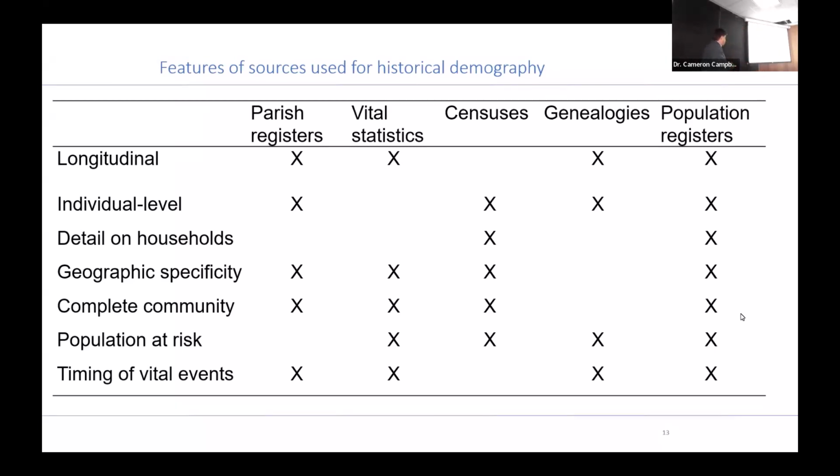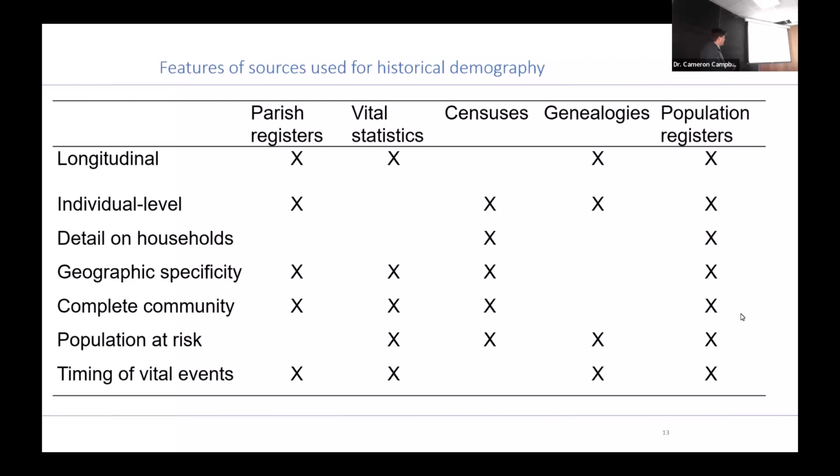We have complete, or nearly complete, target populations. We know the population at risk because the entrances and exits are known. And then we know the timing of vital events.